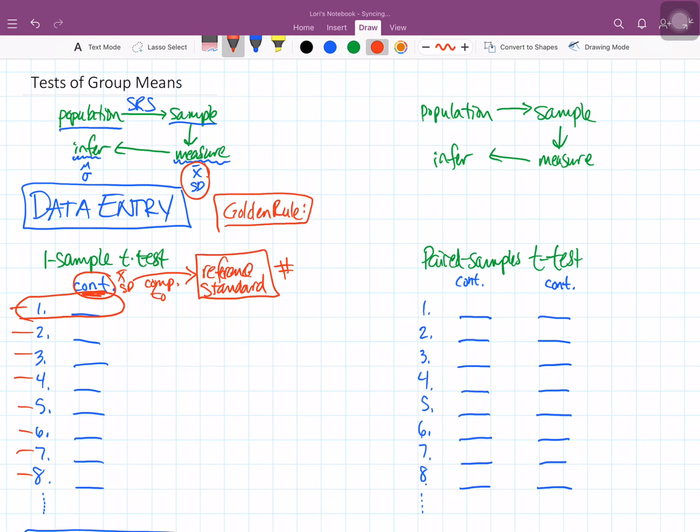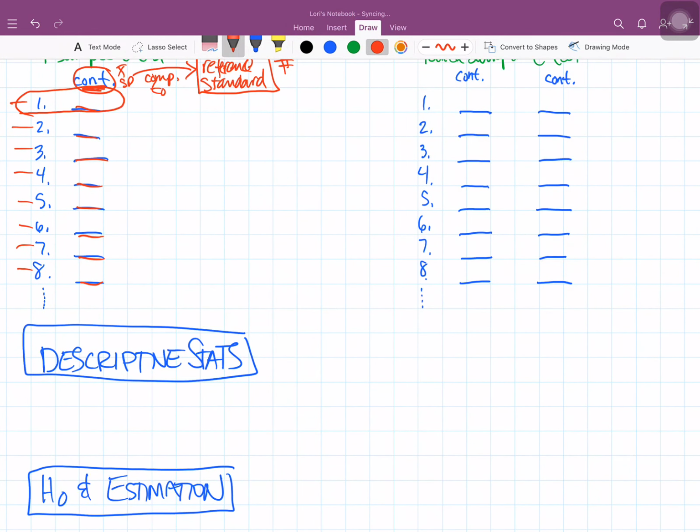Once we have entered all of these data points for each individual of that continuous variable, we can calculate descriptive statistics. Our descriptive statistics include pictures and numbers. Specifically, we would create a histogram of this variable right here, and the dots just mean however many people are included.